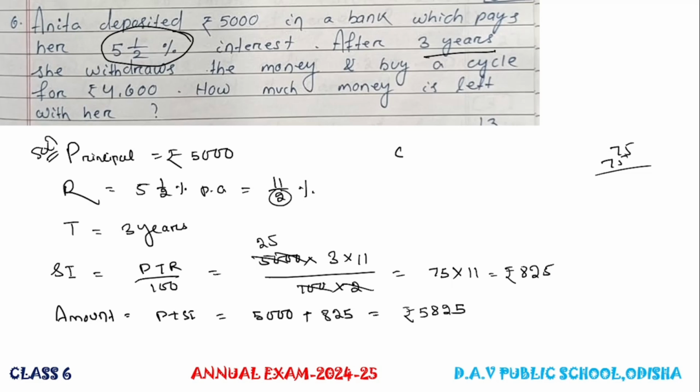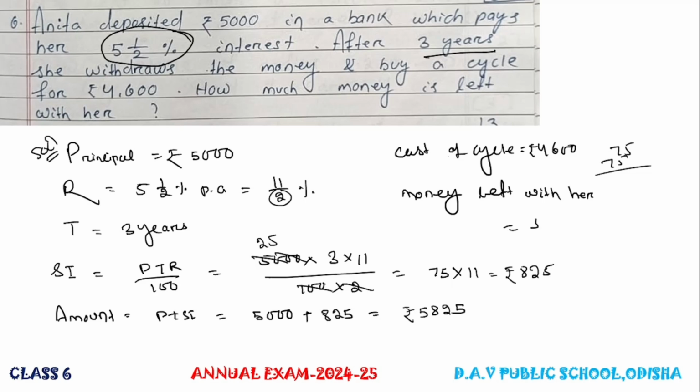Now she withdraws to buy the cycle. So write down the cost of the cycle equal to 4,600 rupees. So now the money left in her bank, the money left with her, equal to amount minus withdrawn amount.